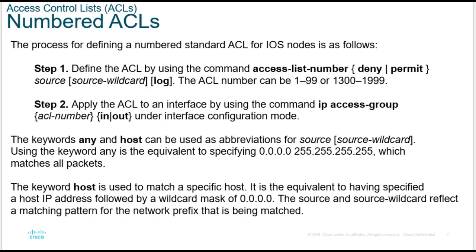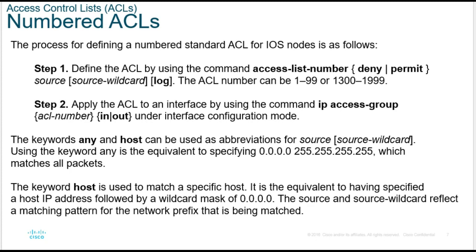Let's look at the numbered ACL first. So the process of defining a numbered ACL is using the command access-list and the number. The number can be between 1 to 99 or 1300 to 1999. And then after that, we specify whether it is a deny or a permit statement.